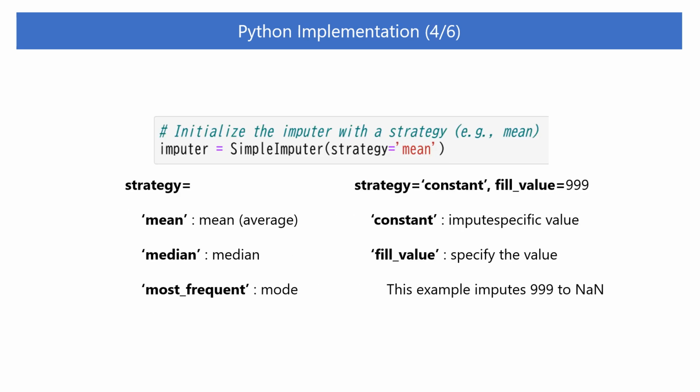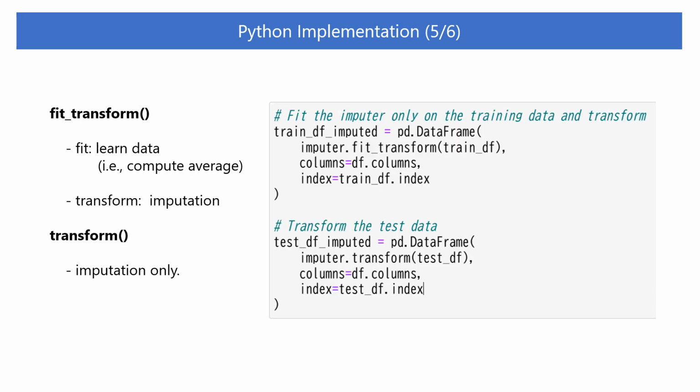Next, initialize simple imputer. Since we perform mean imputation, set the strategy to "mean". Be careful not to forget the quotation marks. Now let's impute the missing data. For training data, apply the fit_transform method.